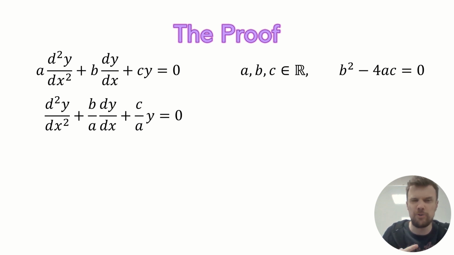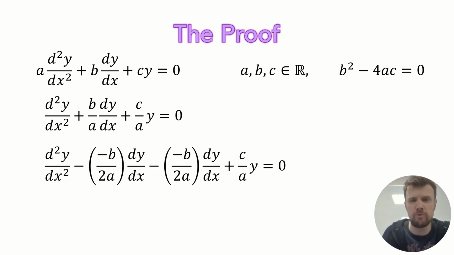But because it's all algebra, that's a bit weird to do. So I'll just tell you, we're going to split up that b over a as minus b over 2a minus b over 2a. Because of course the minus becomes a plus, and b over 2a plus b over 2a is 2b over 2a, which is b over a.